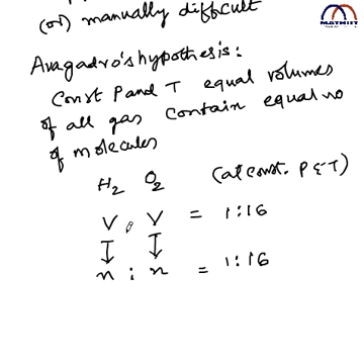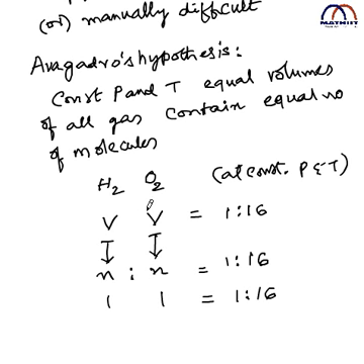Equal volumes of hydrogen and oxygen weights are in 1:16 ratio. It means that equal numbers of molecules of hydrogen and oxygen will also have weights in the ratio of 1:16. Then I will take one molecule here and one molecule here. This is also equal molecules, only this number if I take, but still the ratio is the same.